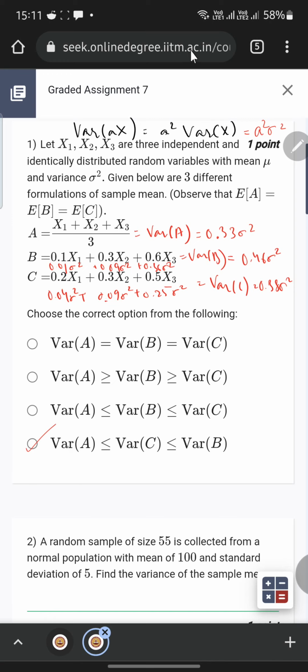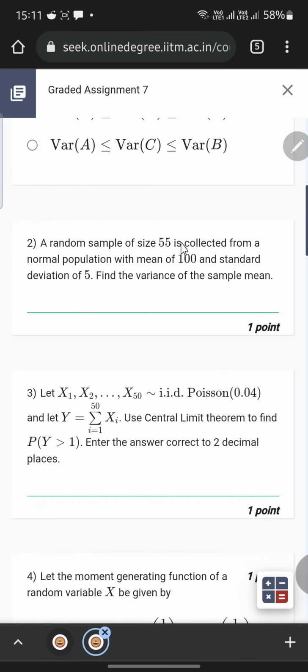Thank you. Now the next question: a random sample of size 55 is collected from a normal population with a mean of 100 and a standard deviation of 5. We need to find the variance of the sample mean. Basically, the variance of the sample mean is sigma square divided by n, right?